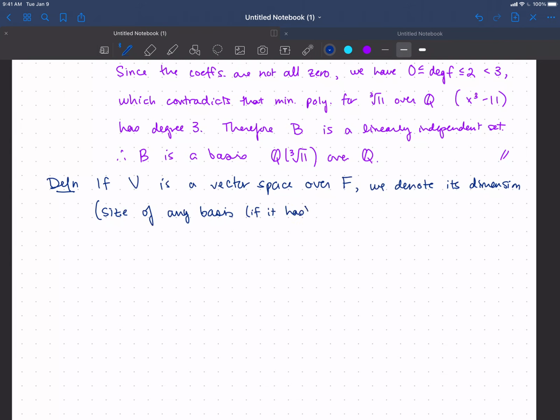There's one vector space that doesn't have a basis. The zero vector space has no basis, and it has dimension 0. So that's the only sort of caveat.